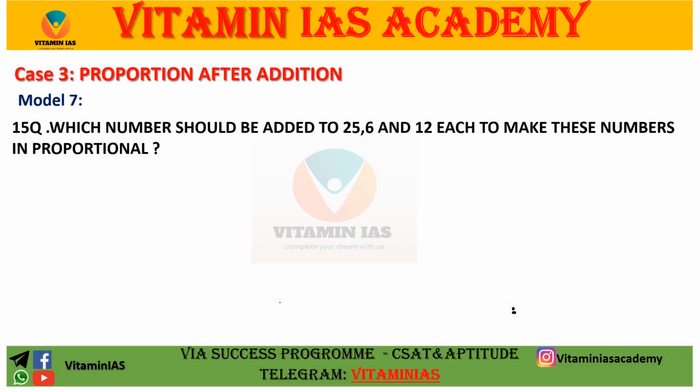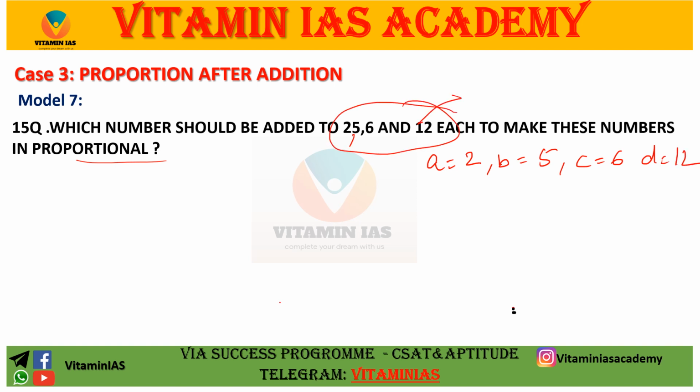Question: which number should be added to 2, 5, 6 and 12 each to make these numbers proportional? Okay, here A is equal to 2, B is equal to 5, C is equal to 6 and D is equal to 12. To make them proportional, which number should be added? Means X. Finding X here. X is equal to modulus of (AD minus BC) by (A plus D minus B plus C).